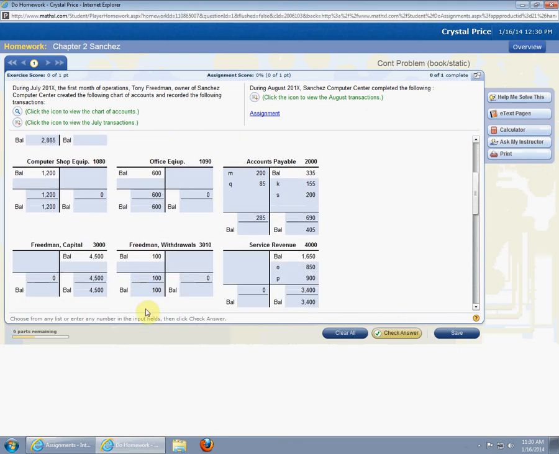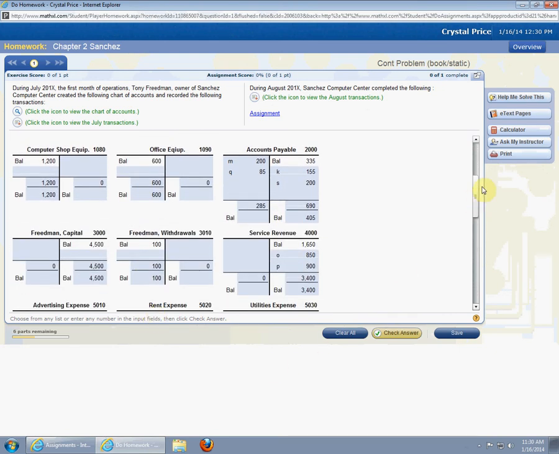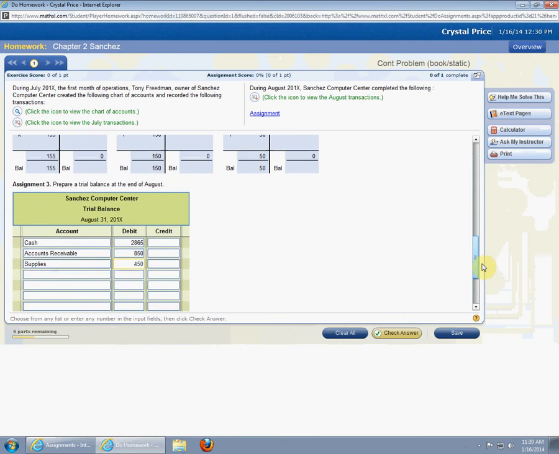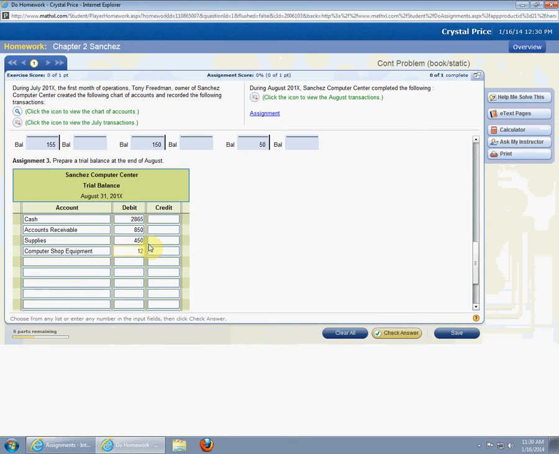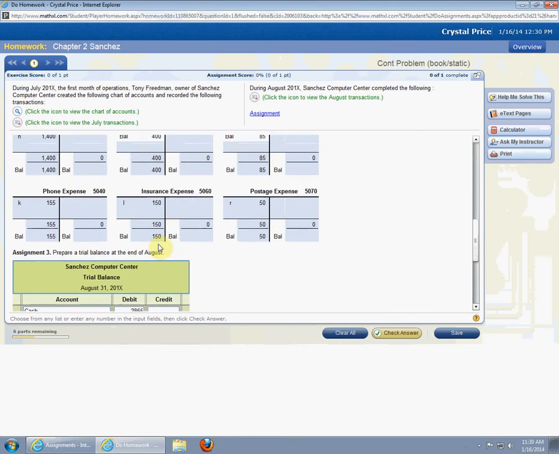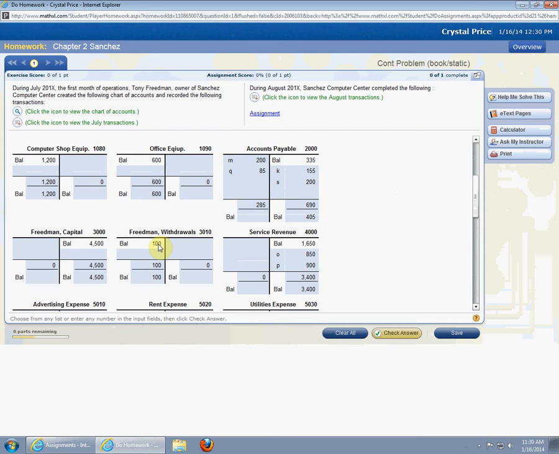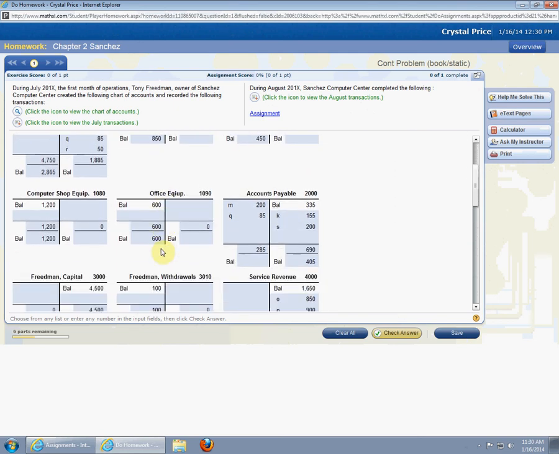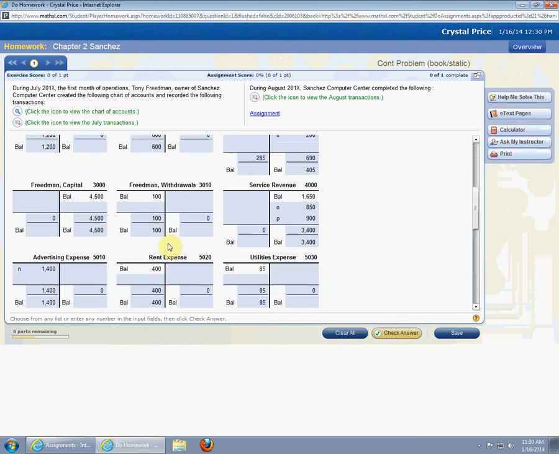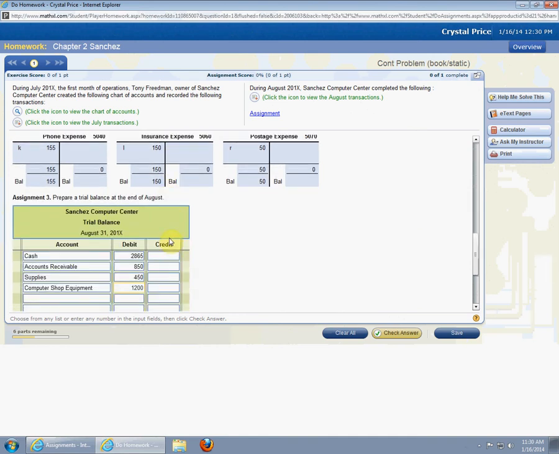And computer shop equipment's $1,200 debit. Office equipment, $600 debit.